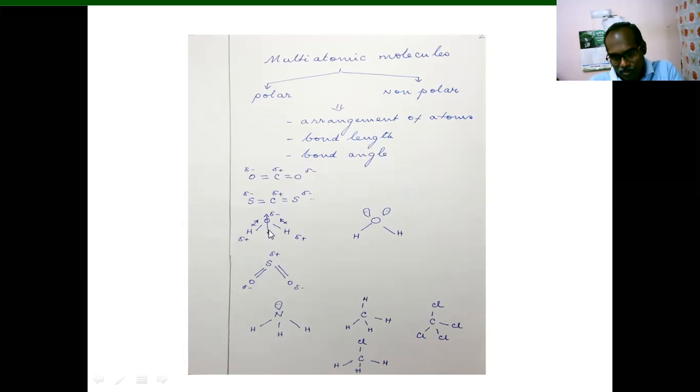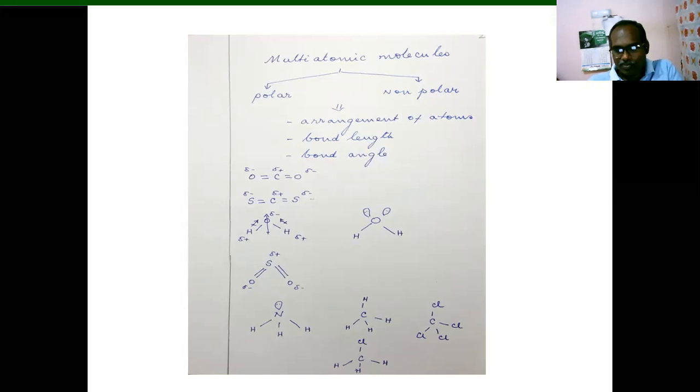But even though there is no atom, the vectorial sum proves that the center of the positive charge can be assumed here. So the dipole moment is the charge multiplied by the distance between these two points, because of the bent shape. So because of the bent shape, water assumes a permanent dipole moment.